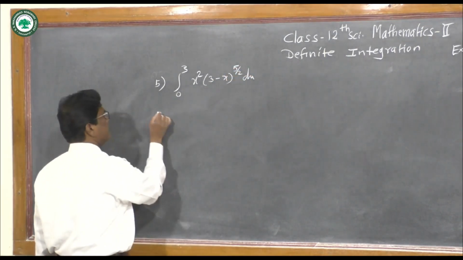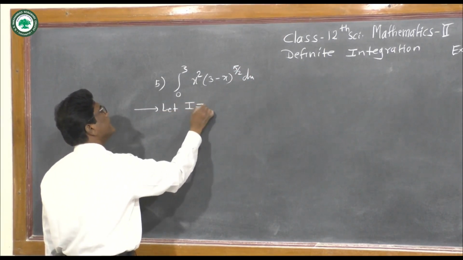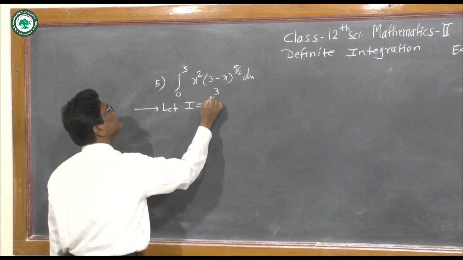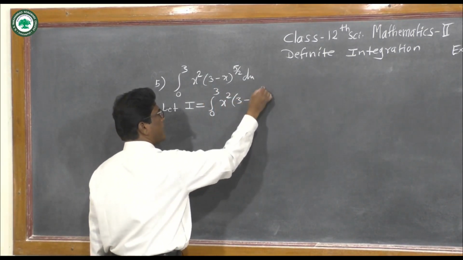Now call this as I. So let I is equal to integration 0 to 3 x square 3 minus x to the power 5 by 2 dx.